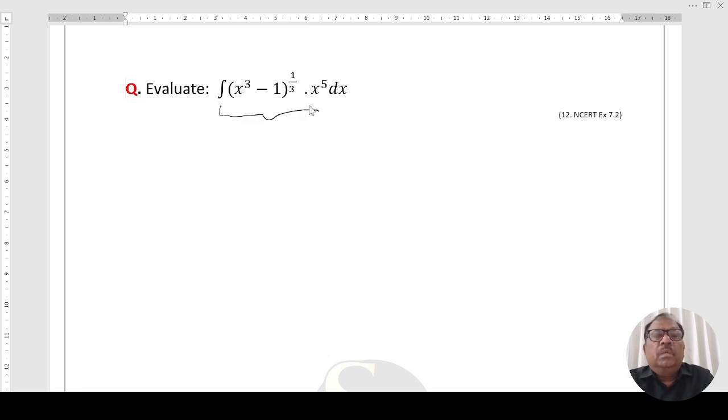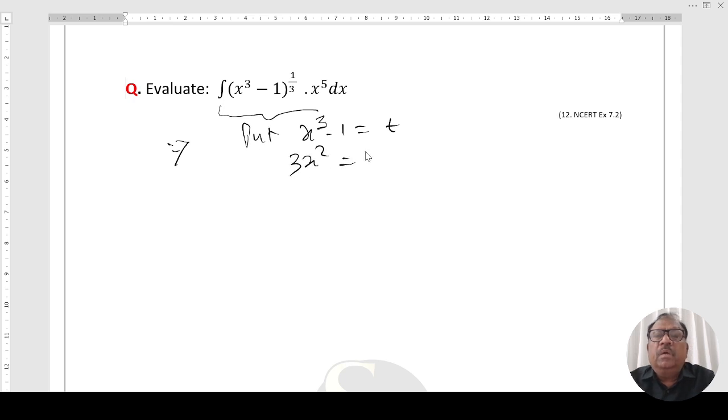In this case, no direct substitution is possible. We have to make the substitution in such a way that some of the part may be consumed in dx dt. If we put x cube minus 1 equal to t, we will get 3x square. इसको ब्रेकअप कर देंगे, x cube into x square dx कंज्यूम हो जाएगा. x cube की वैल्यू फिर यहाँ से वापस आ जाएगी. राइट? तो let पुट किया हमने x cube minus 1 equal to t.